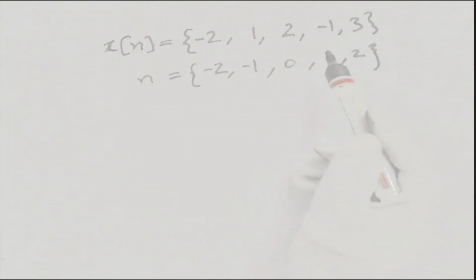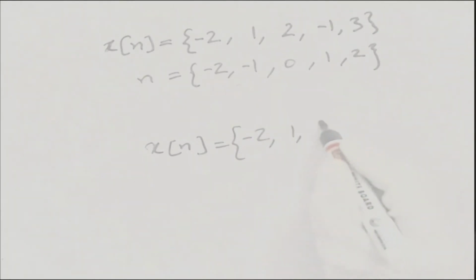There is another way of representing a discrete time domain signal, that is simply by showing an arrow. If you had an arrow written below the value, let's say this arrow indicates that this value appears at the origin at n equal to 0, while the left side of this arrow corresponds to the negative values of n, and the right side of this arrow corresponds to the values appearing at positive values of n.